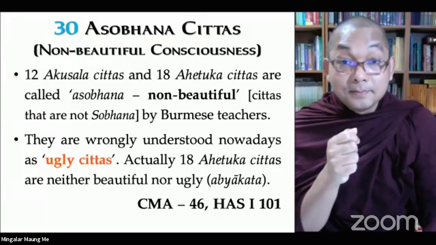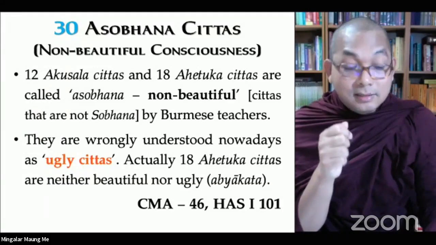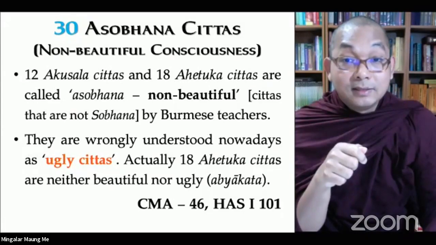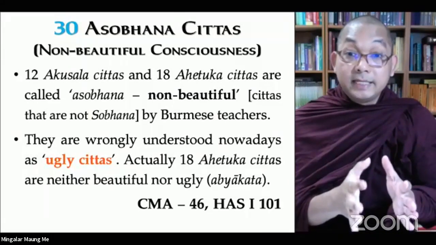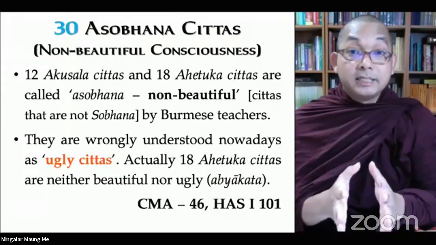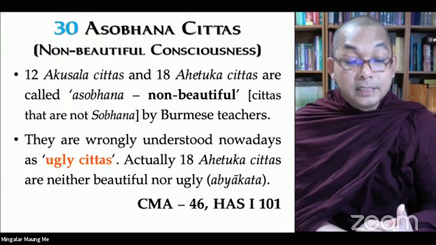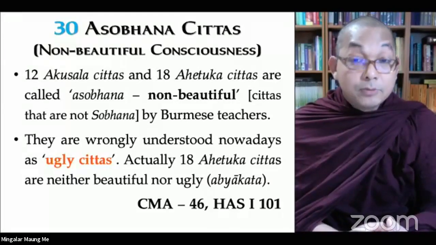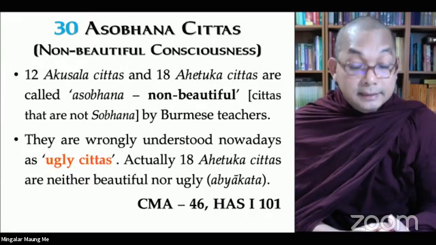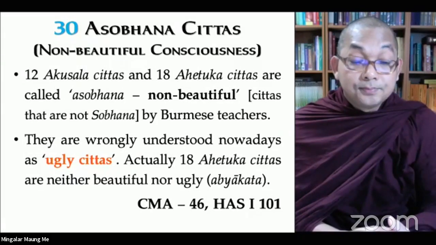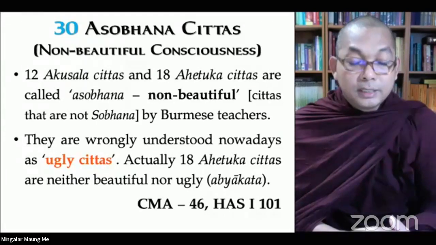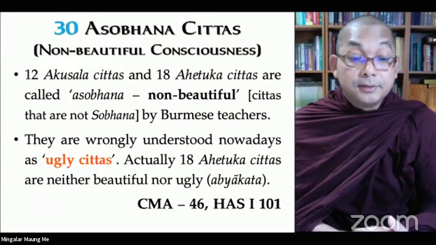But in the exam, in Myanmar language, they always ask 30 Asobhana Chetas as the ugly Chetas. Actually, it's not correct. Anyway, as we are going to take the exam, I think you must know this one. In Myanmar, 12 Akusala Chetas and 18 Ahetuka Chetas are called Asobhana Chetas.